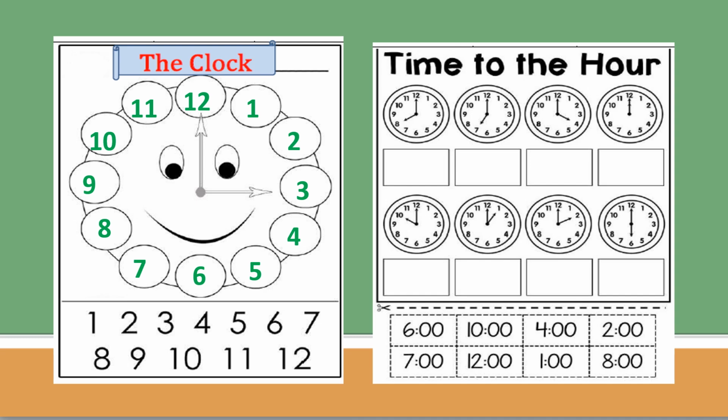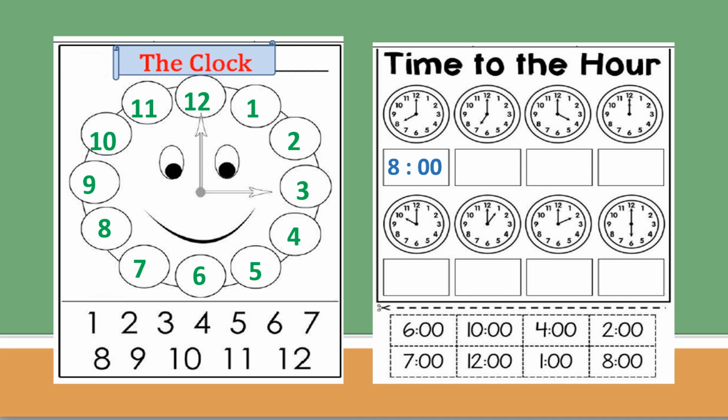On page number 96, we have here groups of different clocks. In the first clock here, the short hand points to 8 and the long hand points to 12. In digital form, it means what? It means 8, 0, 0, 8 for hours, 00 for minutes.